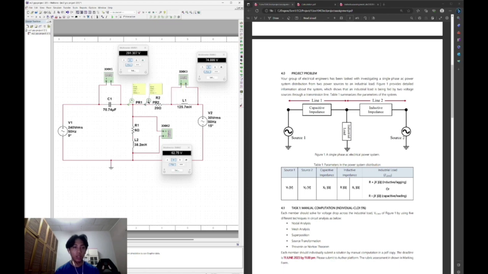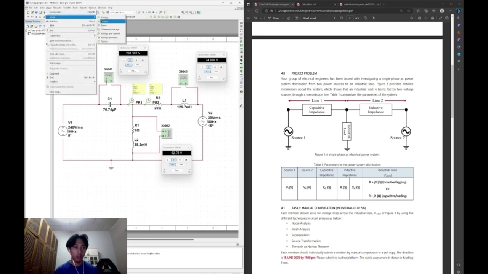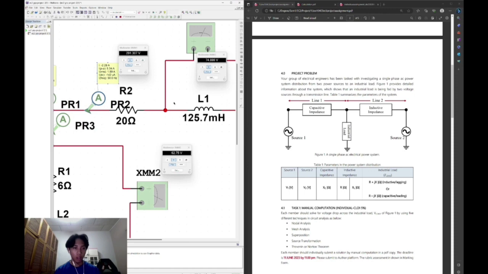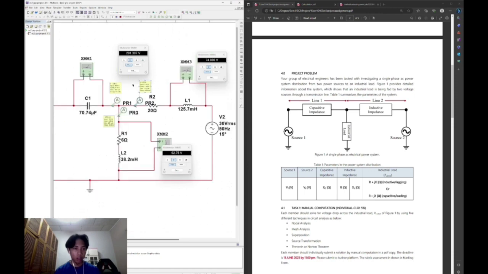It doesn't matter, it will give the same result. And lastly, we put the current probe here. We just rearrange for better viewing. Then just click run and we can get all the values here.